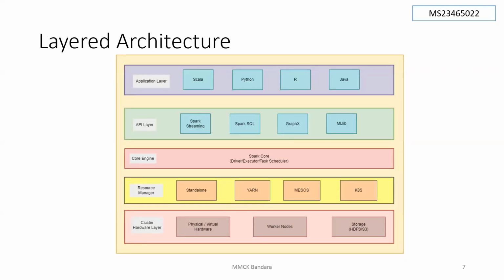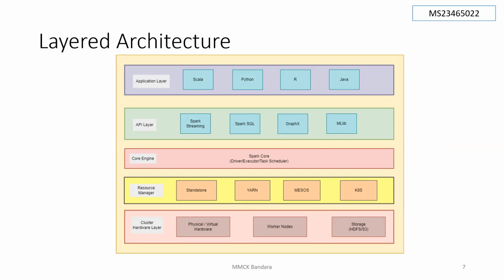So if we start from the top layer, that's the application layer. Apache Spark provides a set of application layer components. That means support for all different languages like Scala, Python, Java. Apache Spark has built-in support for these languages, and third-party language support is also available, like for .NET and other ecosystems as well.